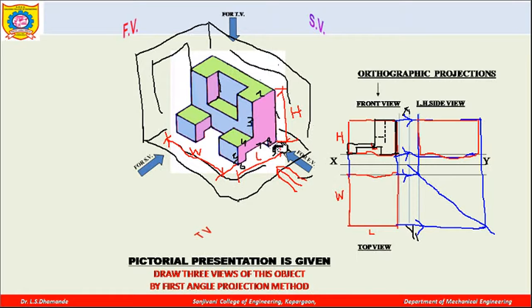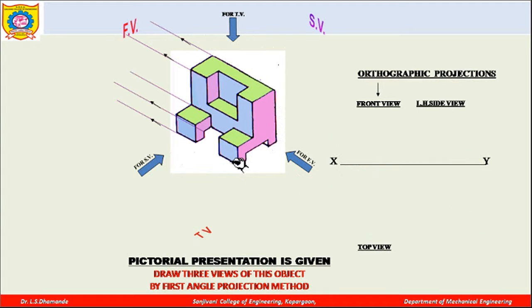So this front view we have drawn by passing our ray of sight from all these different corner points like this. We have passed the rays of sight and obtained the front view over this particular plane, that is our vertical plane. So you are getting this front view like this.